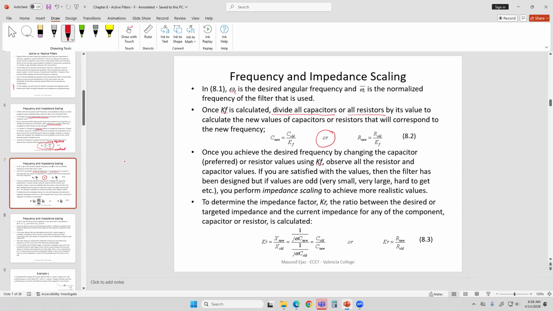So the new value of capacitor you can calculate as the old value divided by Kf, or the new value of resistor you can calculate as the old value of resistor over Kf. And that is going to provide you the desired frequency by changing the capacitor, which is preferred, or changing the resistor using Kf. So again, one of them.